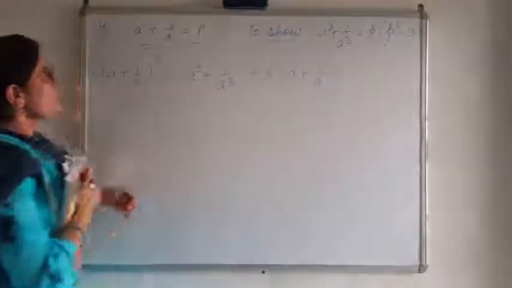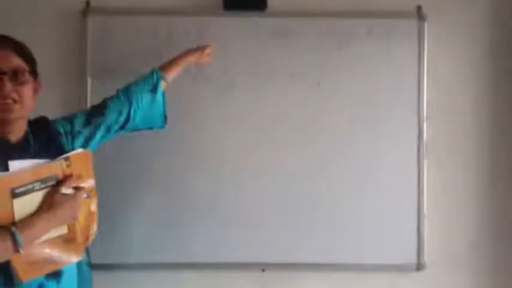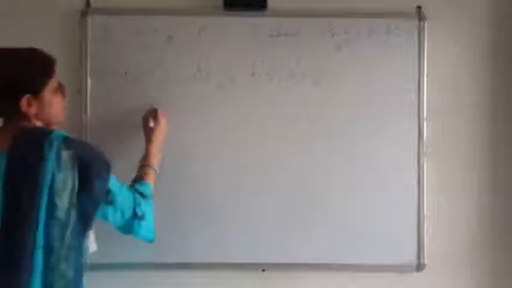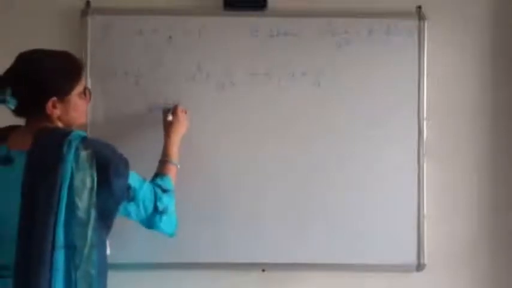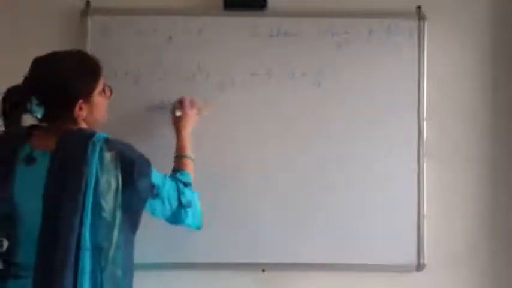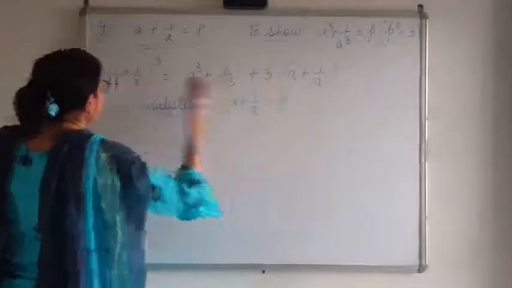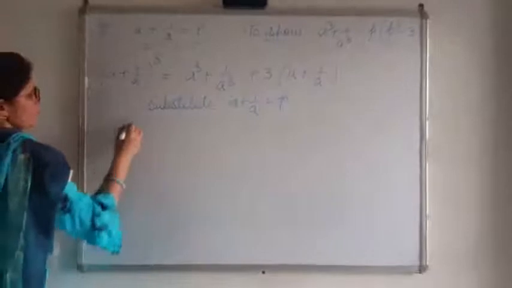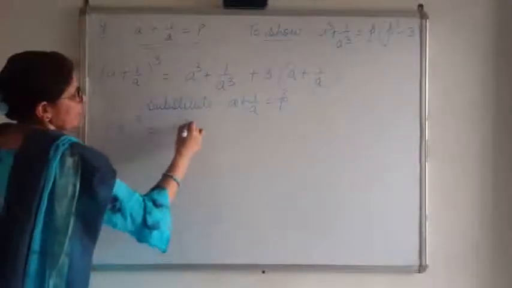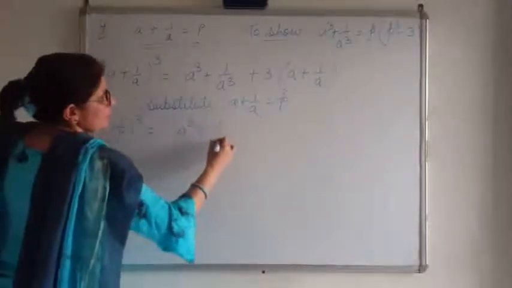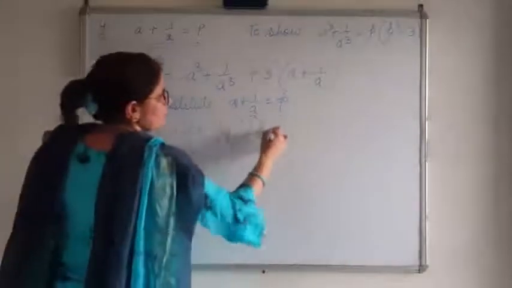Now we can substitute the value of a plus 1 over a as p. So what we will get? p cube is equal to a cube plus 1 over a cube plus 3 into p.